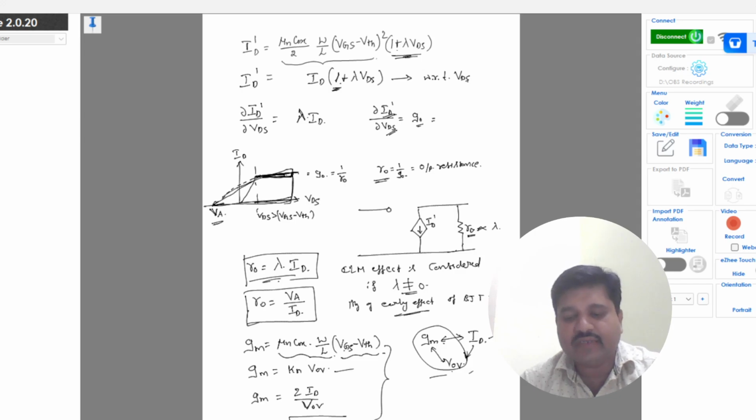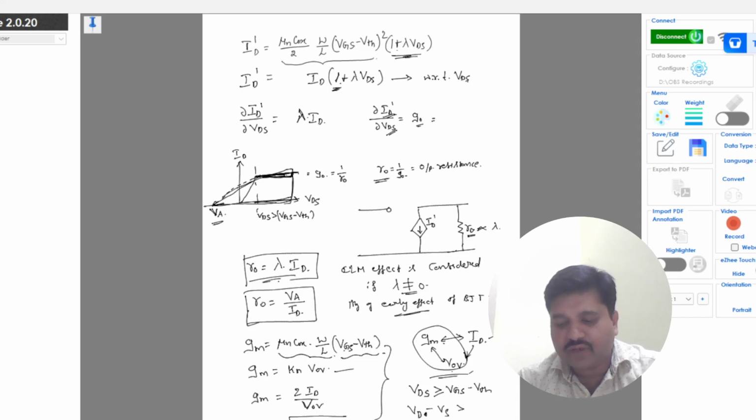In the DC analysis we find the terminal voltages and verify that VDS is greater than or equal to VGS minus VTH, that is the overdrive voltage. If the terminals of the gate, source and drain are connected to other circuit elements like resistance, we write this as VD minus VS should be greater than or equal to VG minus VS minus VTH.